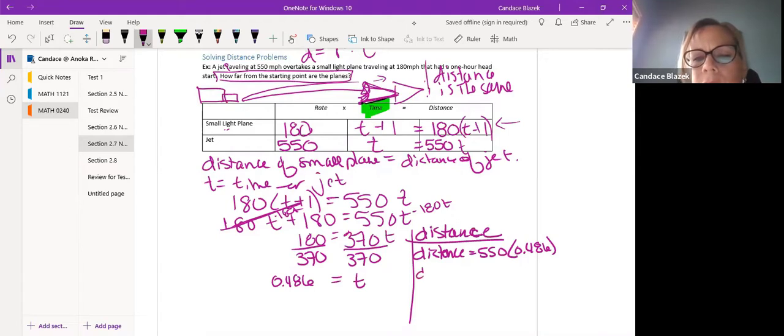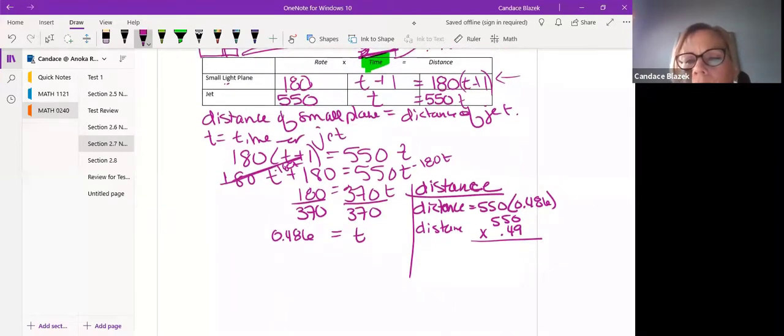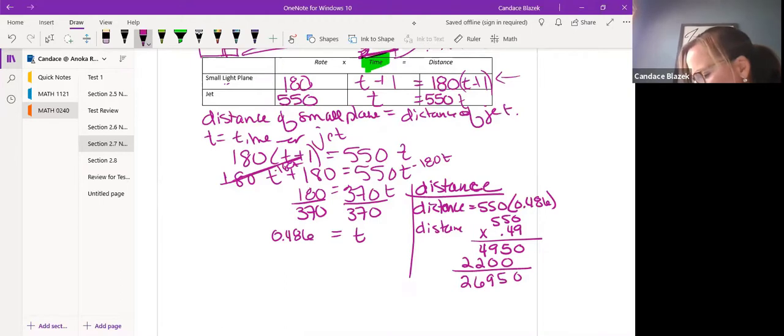So we'll say distance, we'll take 550, multiply it times 0.49. Bring down the zero, so a little bit of long multiplication. 2, 6, 5, 9, 0.